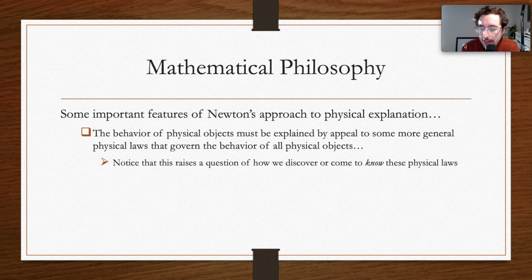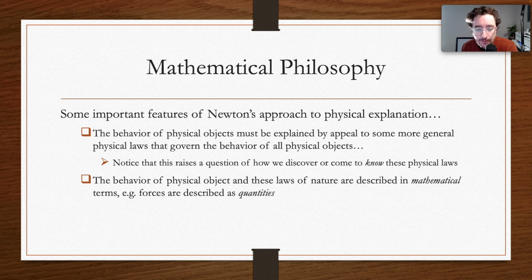Now notice though, this raises the question of, well, what exactly are these physical laws, first of all? And secondly, how do we discover or come to know what the physical laws are? Now Newton has a lot to say about how we come to know these physical laws. He doesn't have a lot to say about what the nature of the laws themselves are, like what is a law of nature. And that was actually a really big thing in philosophy after Newton, as we'll see when we look at David Hume.